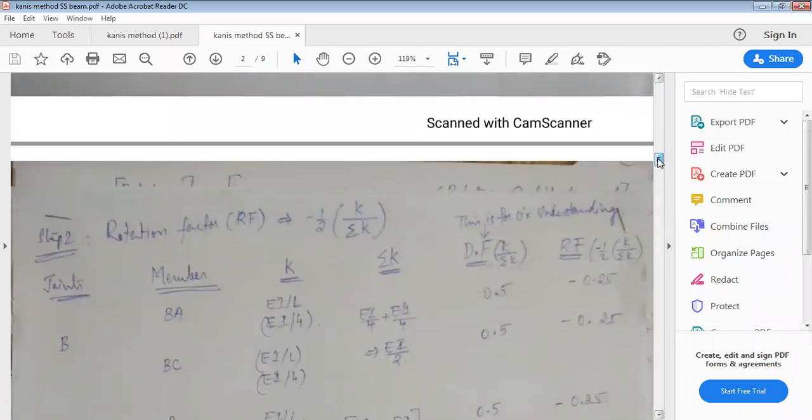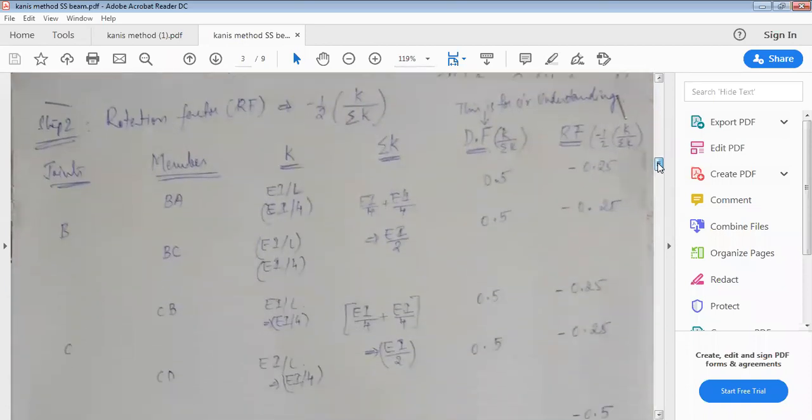Now coming to the rotation contribution. At joint B, we have BA and BC. BA is fixed, so the A side is fixed, EI by L, EI by 4.